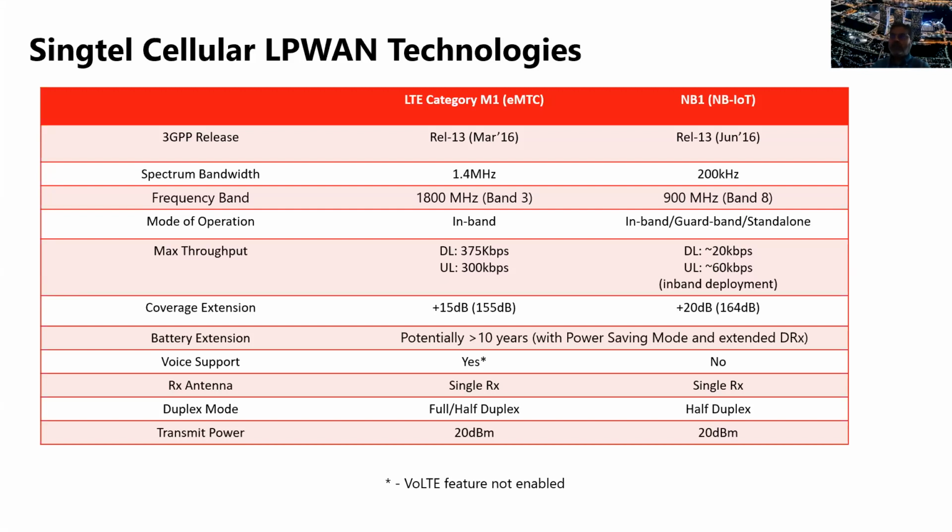The way this is all deployed, from an LTE-M perspective, it's in band. NB-IoT is also in band. For us, our deployment is all in band. The 1800 or band 3 will possibly be deployed on guard band. So we will have 900 megahertz or band 8 in band, which is already deployed nationwide. As we deploy 1800, it will be on guard band as such.